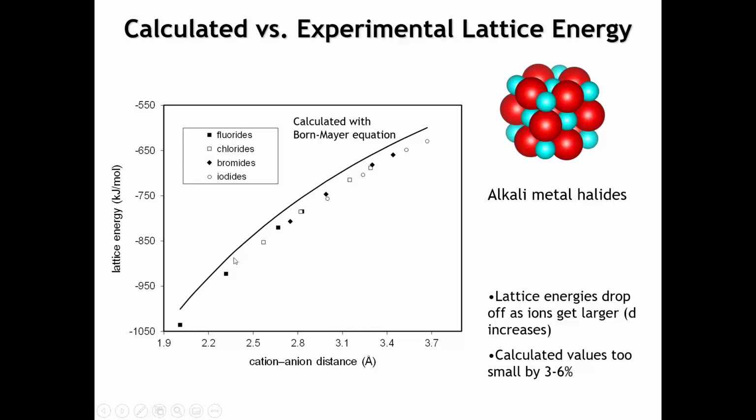The symbols show the experimental lattice energies that we get from a Born-Haber cycle. You can see that the Born-Meyer equation does a pretty good job of capturing the variation in lattice energy as the interatomic distance changes, but it does tend to underestimate the lattice energy by somewhere between about 3 to 6%, depending on the compound.